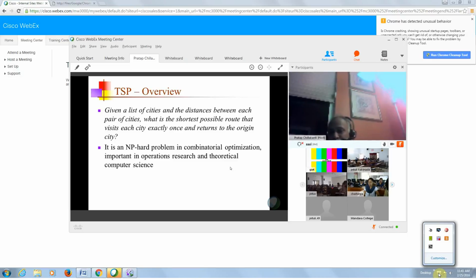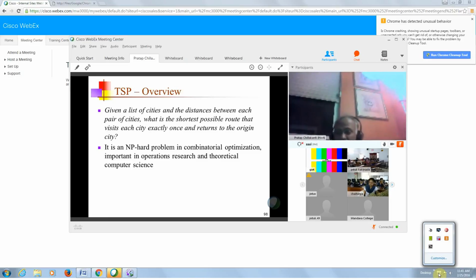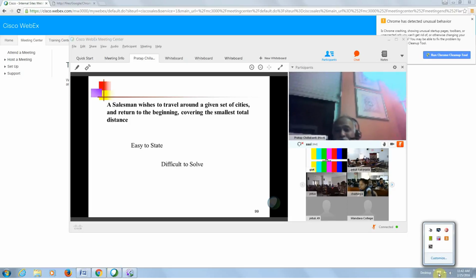Those are called NP-hard problems. This class is not meant to talk about that in gory detail, but basically in general layman's terms, the ideal solution for TSP is non-solvable, the way it is formulated. Now, does it mean that we keep quiet? We don't. Right? Okay, so one author said that it's easy to state but difficult to solve. Okay?